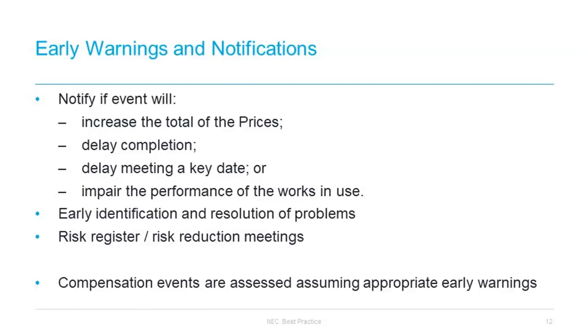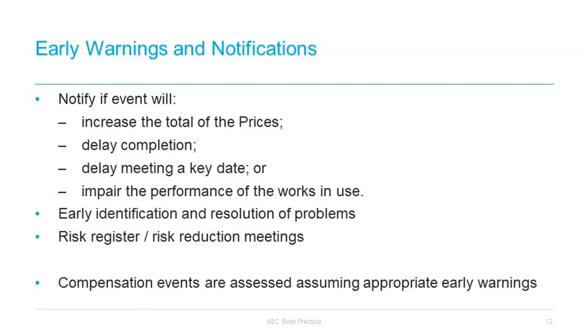For the contractor, if later in the contract a compensation event arises due to an issue which the contractor should have notified to the employer using the early warning procedure, then it will have a financial impact on how you assess that compensation event, because the compensation event is then assessed as if you had made that early warning. The flip of that is not true on the employer.